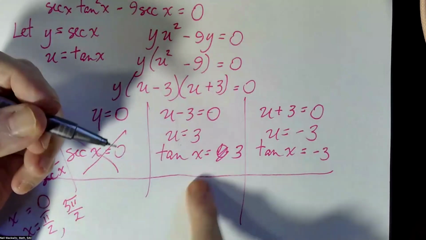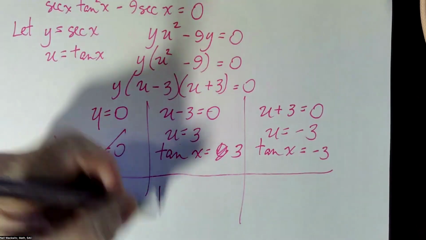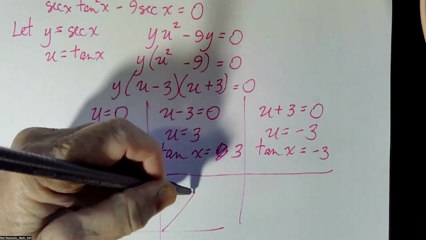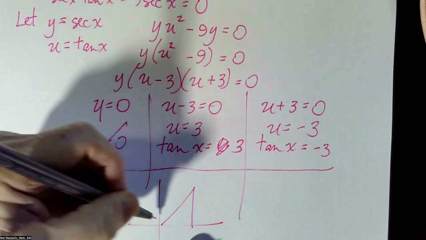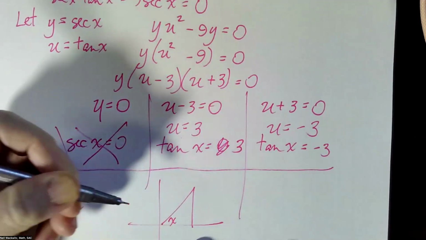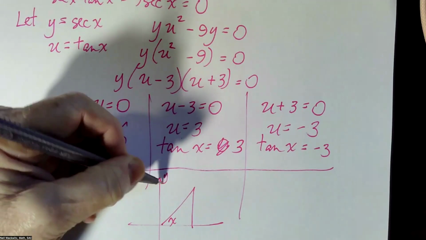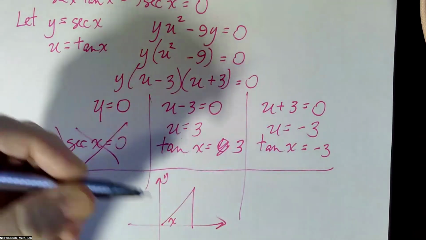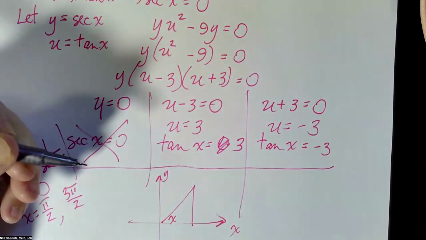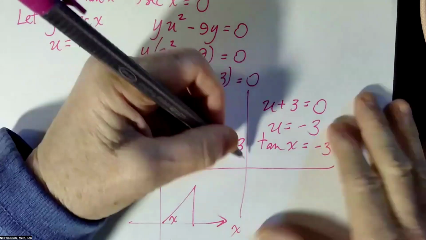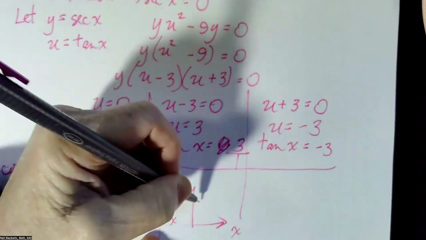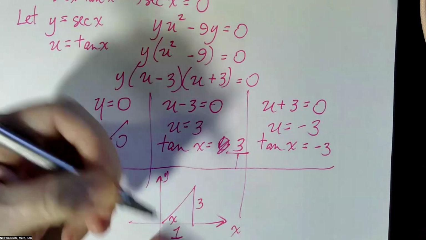So let's draw a triangle in the first quadrant. And tangent is opposite over adjacent.